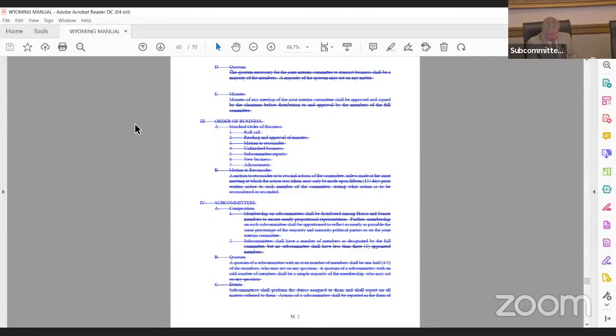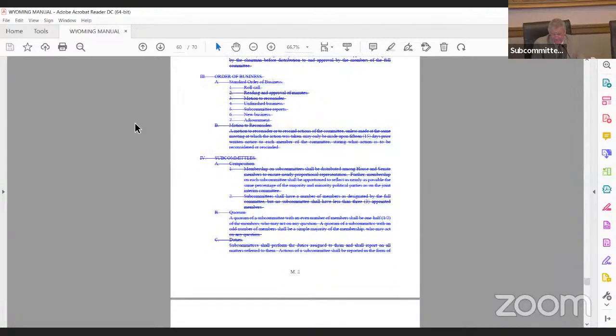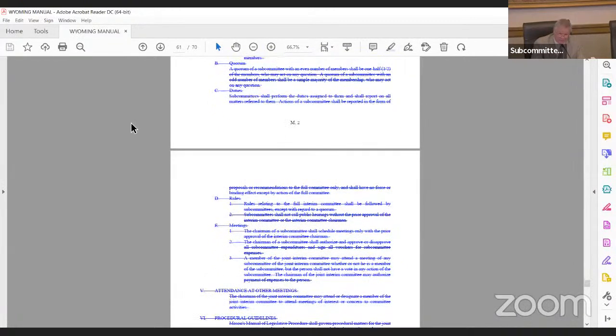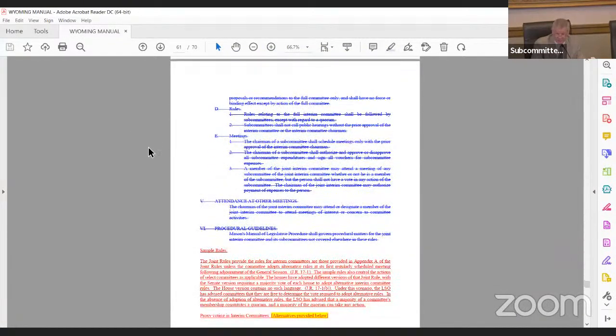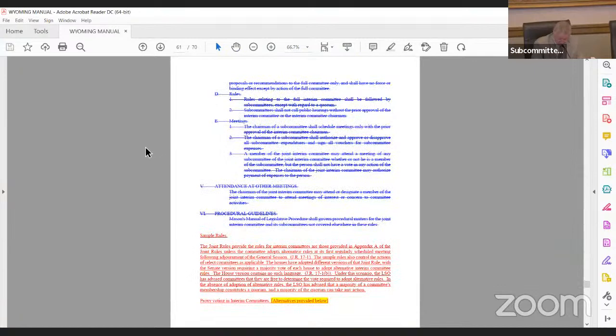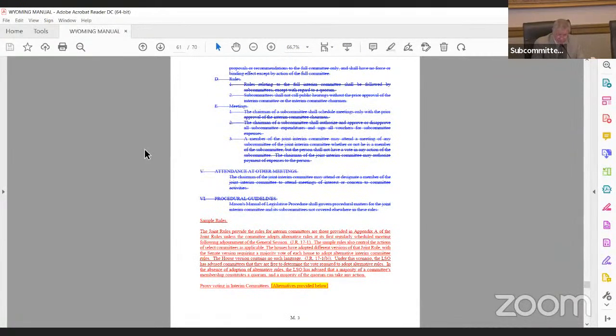The first one is kind of a delicate issue. What happens if the House and Senate adopt different, quote, joint rules for an interim committee? What's happened in the past is that the Senate wanted a majority vote of each House, and the House wanted a majority vote of the whole committee. LSO provided a memo that their best view would be that the quorum of the entire committee gets to decide the issue.